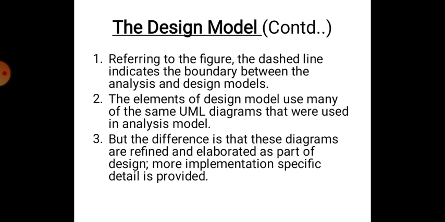There is a clear dashed line distinguishing the analysis model from the design model. The analysis model has a high level of abstraction, whereas the design model has a low level of abstraction.